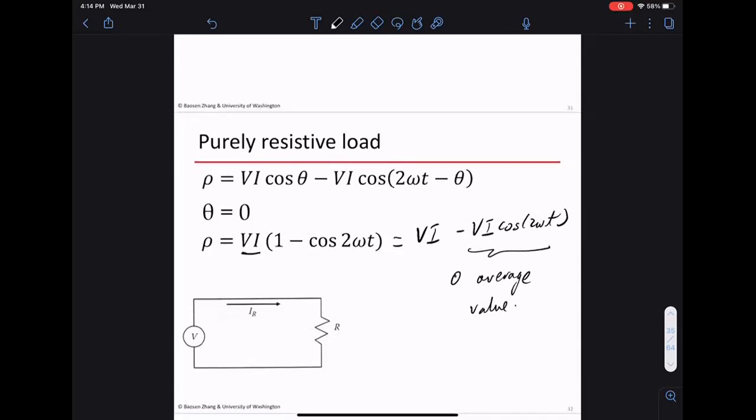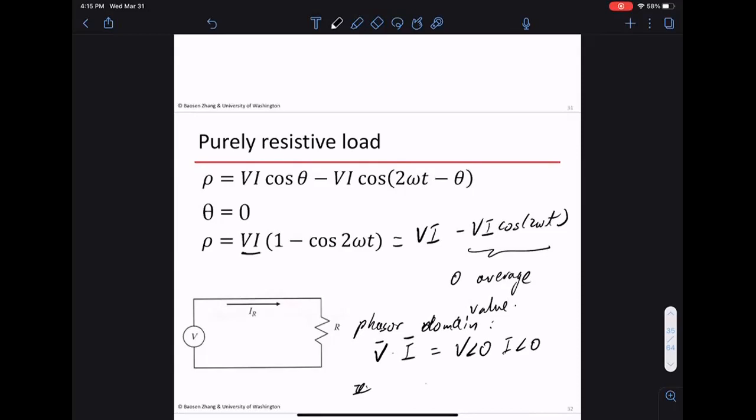If you look at things in the phasor domain, or the complex number domain, for a resistive load we have V times I. If you just multiply the phasors together, you get V angle 0, I angle 0.